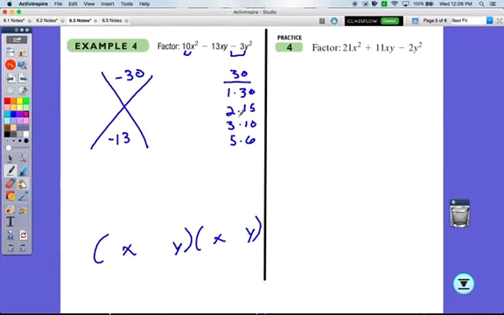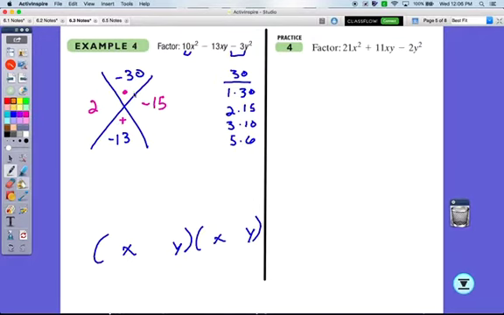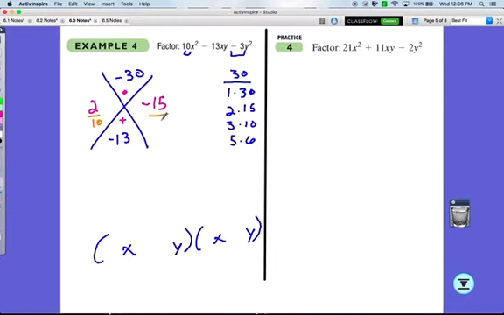But I have another option here, 15 and 2. Because if I said 2 minus 15, that gives me the negative 13. And 2 times negative 15 does multiply to give me that negative 30 up top. Then you come through and you divide by that 10, that a. So I divide by 10. Since 2 will go into 10 and a 5, or 2 will go into 2 and a 10, this reduces to 1 over 5.